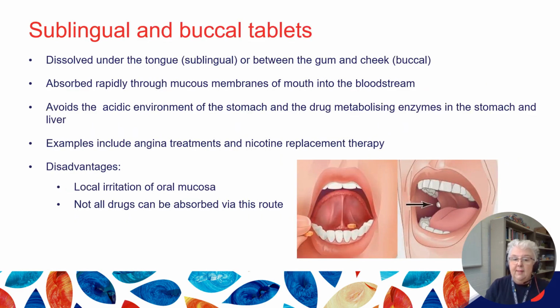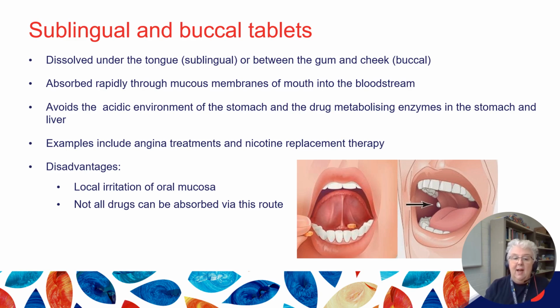We can also have sublingual, which means under the tongue, or buccal. Buccal is your cheek, and the drug is dissolved rapidly in the mucous membranes and goes straight into the bloodstream. One of the drugs that we use under the tongue is anginine tablets or anginine spray, and that gets absorbed into that big blood vessel in your tongue and it stops the heart pain.